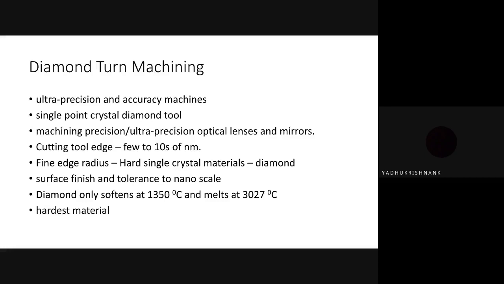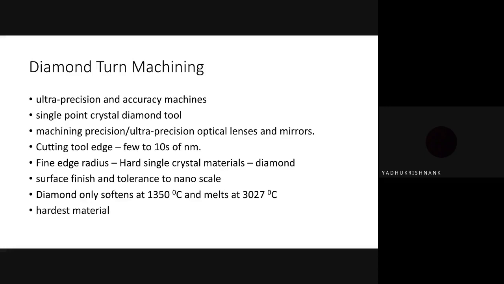And the main peculiarity is that the cutting tool edge of this diamond tool used for the machining operation ranges from a few nanometers to tens of nanometers. In this range, the cutting tool edge is created.